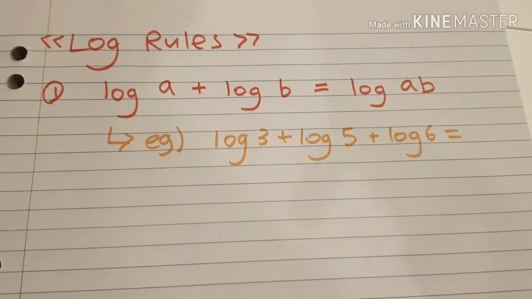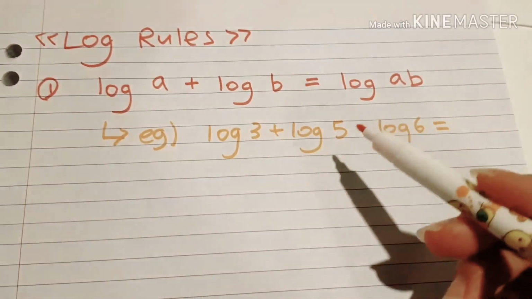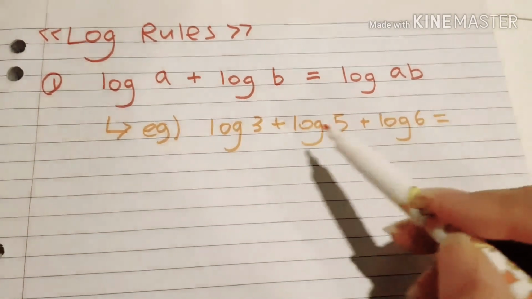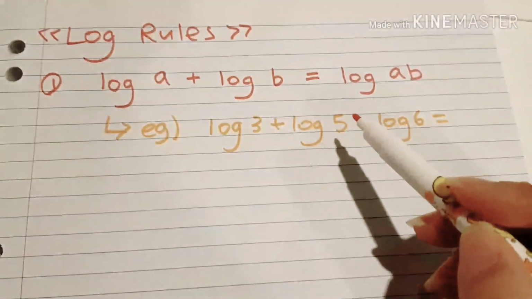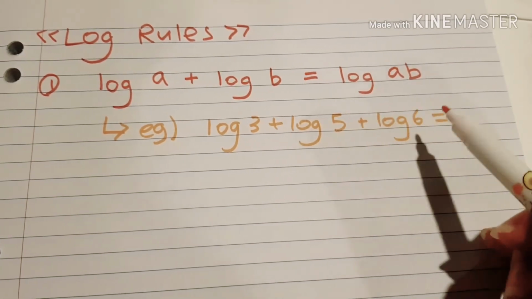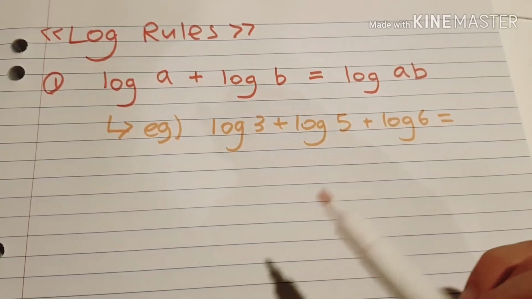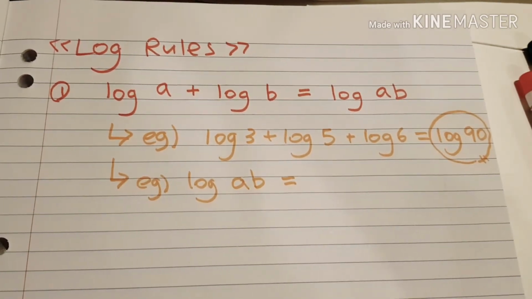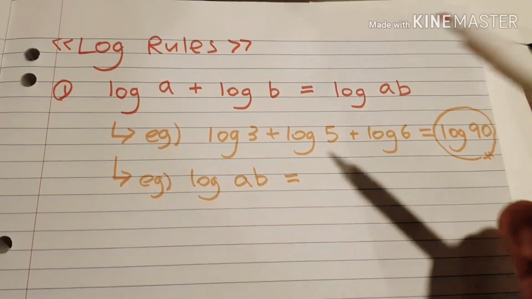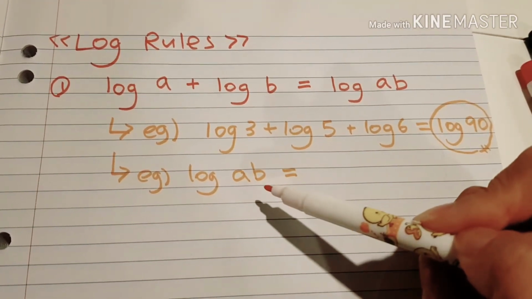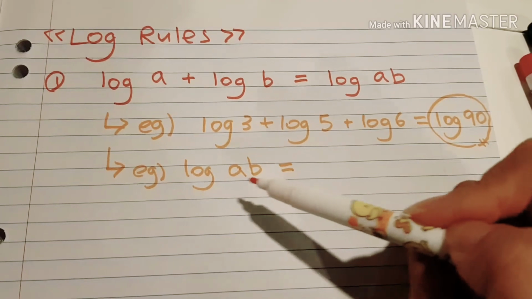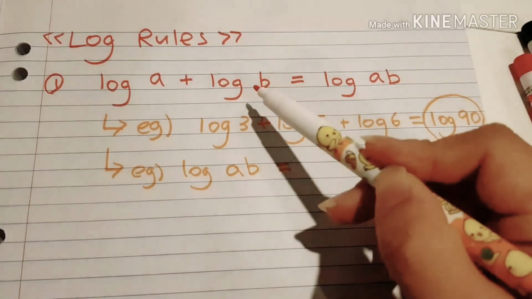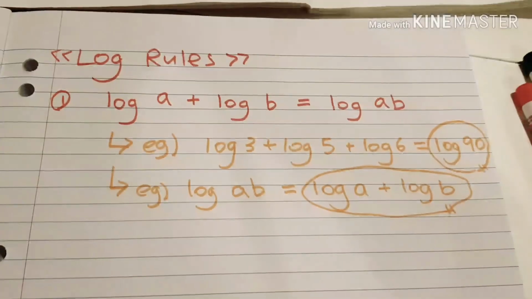So if you have something like log 3 plus log 5 plus log 6, it's all the same base, so I'm going to multiply 3 times 5 times 6. Log 90. And thinking backwards, if I have log ab, then you should be able to think that it's log a plus log b, just going backwards.